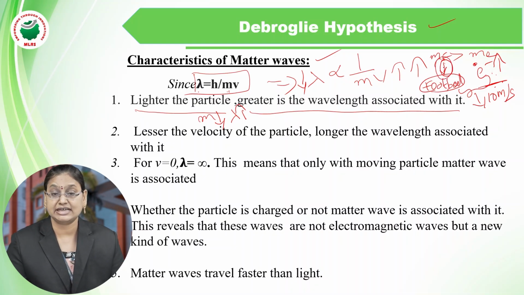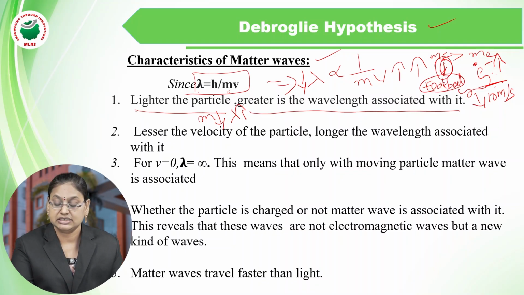Waves will be associated with the football, but they will be very small and cannot be predicted. Why? Because its mass is more, the wavelength will be less. Therefore, it is not having wave nature. The electron will have wave nature.